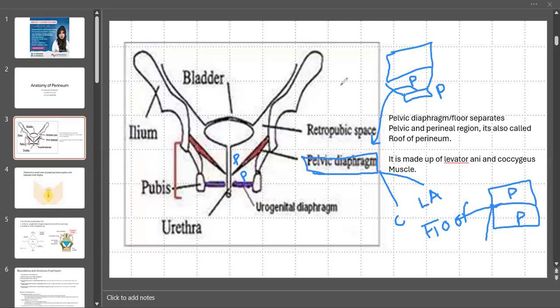Yes. So this is one concept you have made, and here you have to learn about the urogenital diaphragm. The word diaphragm is the same for both the pelvic diaphragm and the urogenital diaphragm, but these are two different things.